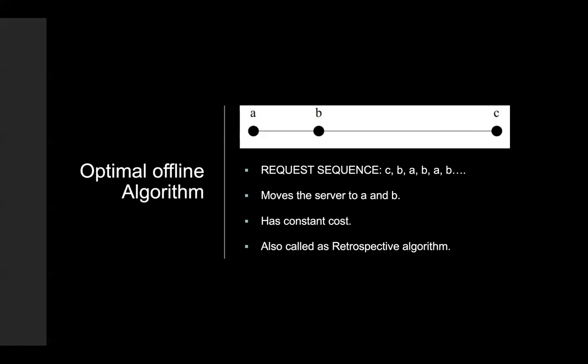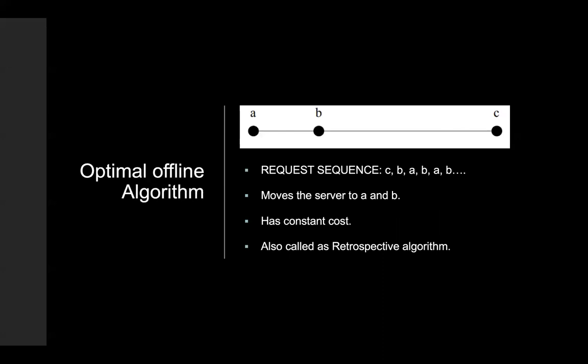So the cost that will be incurred will be to move the server from B to C and then back to B. That means the cost will remain constant, though your input will increase. According to the definition of competitiveness, the ratio of cost of greedy approach and optimal offline solution is unbounded.